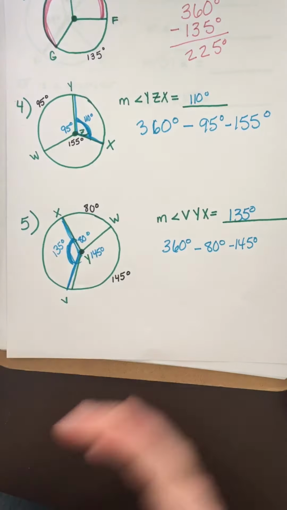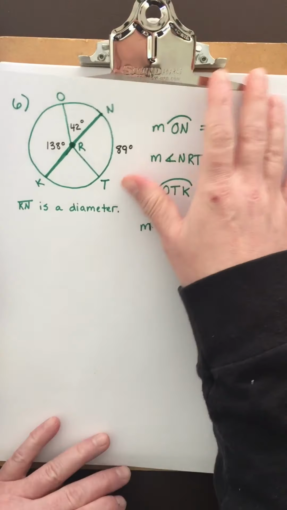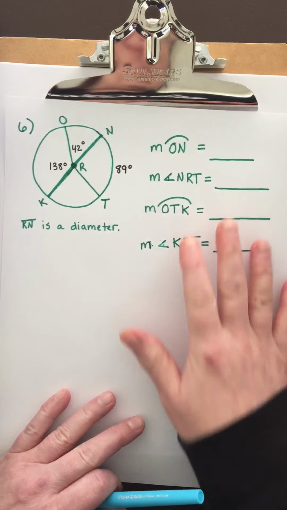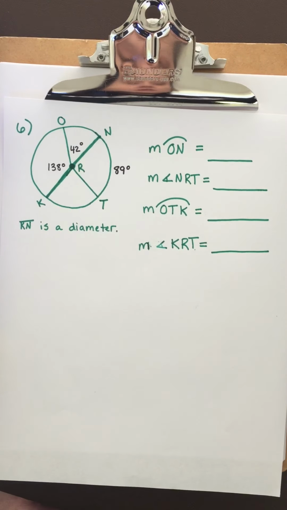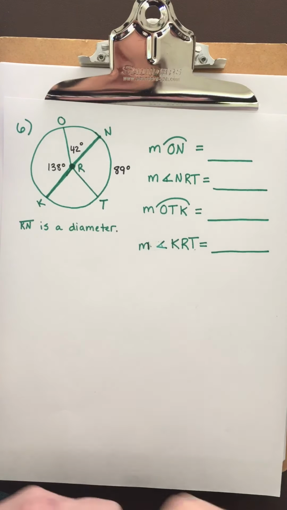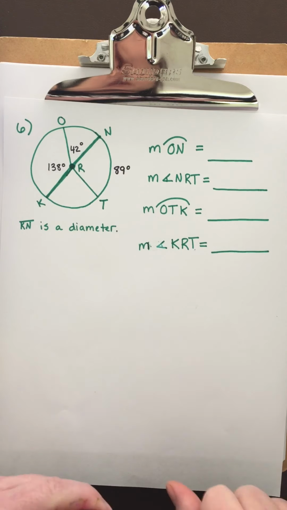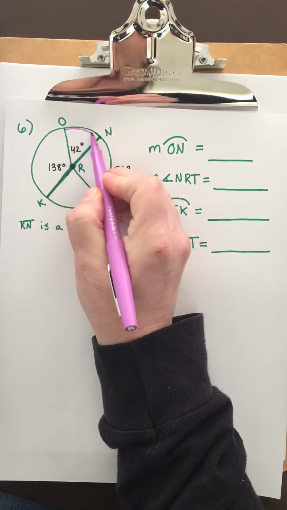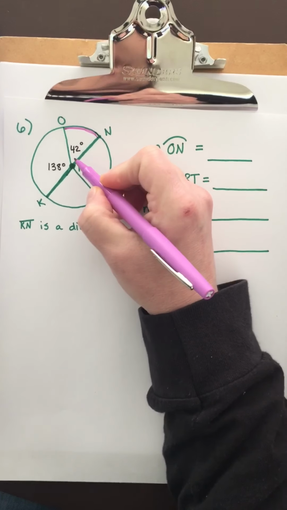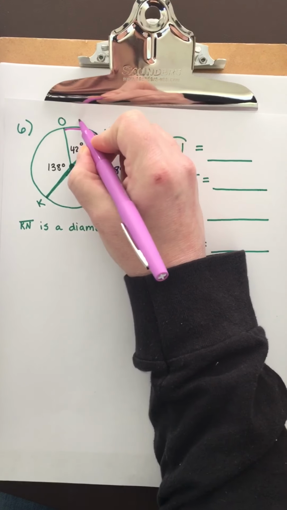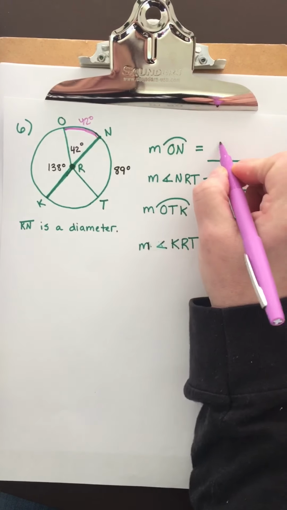All right, let's do one more. And this question has several parts. So first, it wants us to find the measure of the arc ON. So here's ON. This is a minor arc. So since the central angle is 42 degrees, this arc would also be 42 degrees.